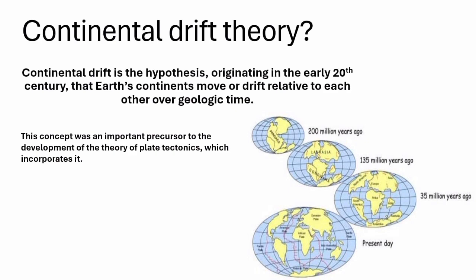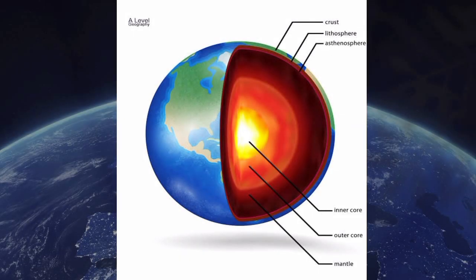So, let's take a look at that. The interior of the Earth has a depth of 6,371 kilometers, and as the depth increases, the temperature also increases. It is mostly molten down there, and the rock density also increases as we go deeper into the Earth's interior.